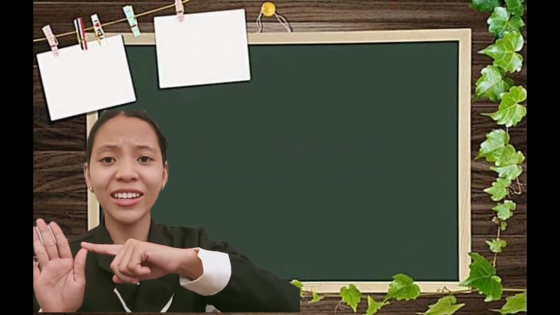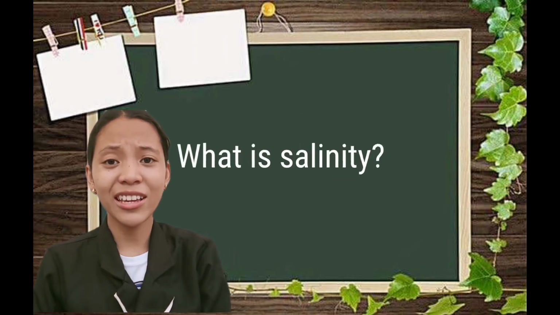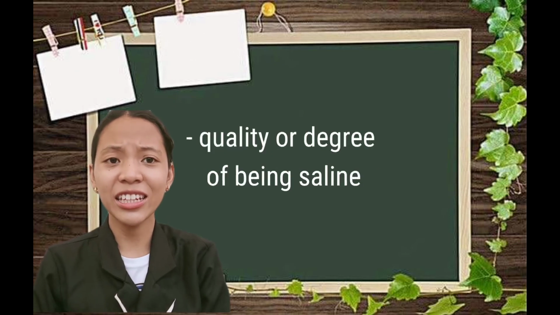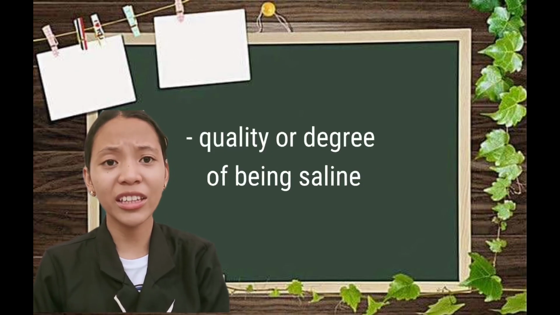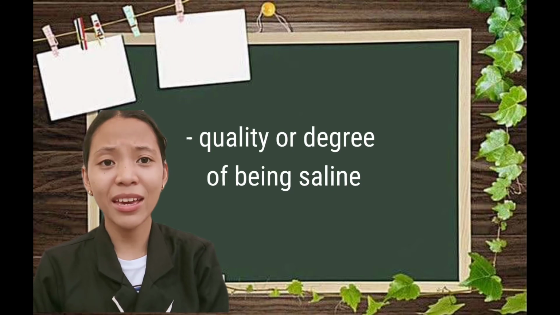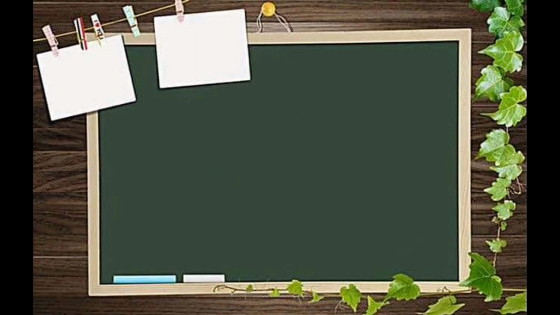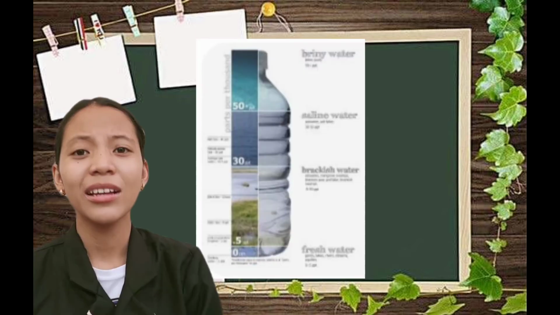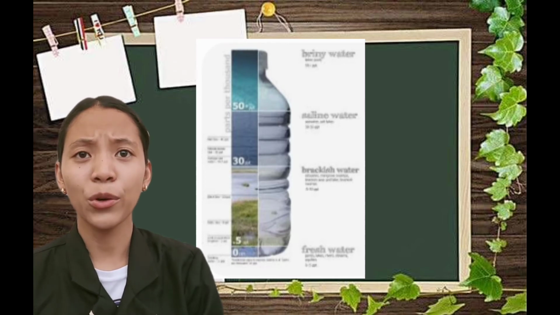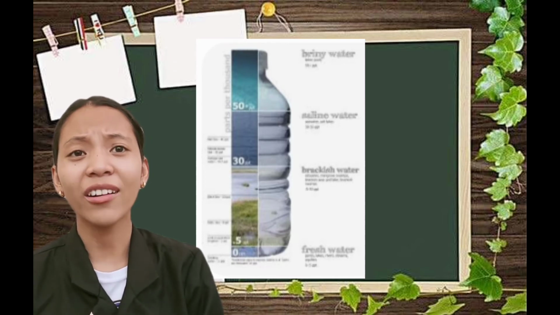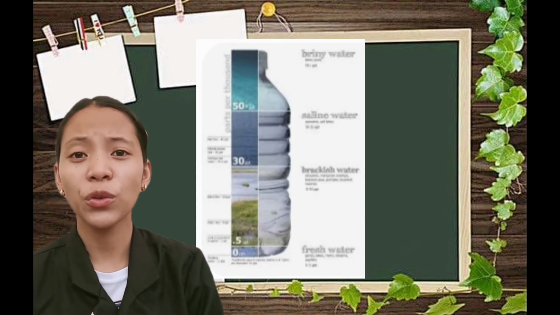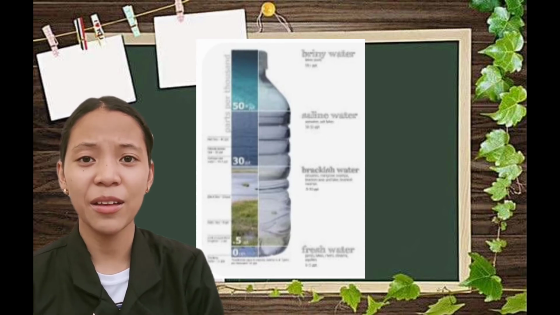Fifth is the salinity. What is salinity? Salinity means the quality or degree of being saline. Marine phytoplankton are extremely tolerant to changes in salinity.